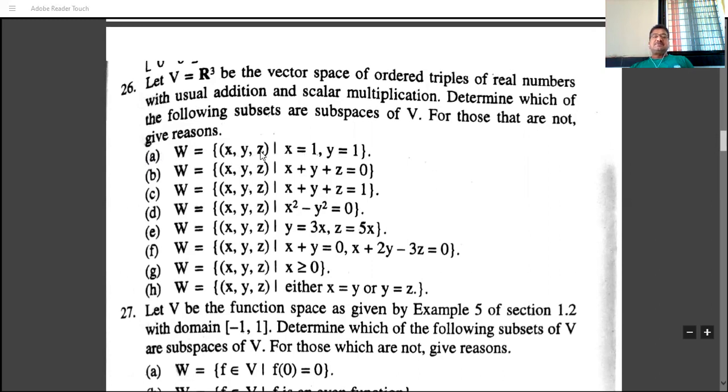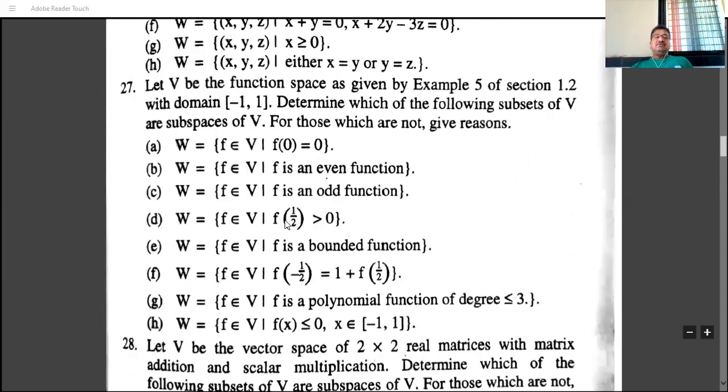This is not a subspace, because if you take (1,1,1) and (1,1,0) as two elements, then their addition is (2,2,1), suppose (2,2,5), and it is not an element of W. So W is not closed for addition.